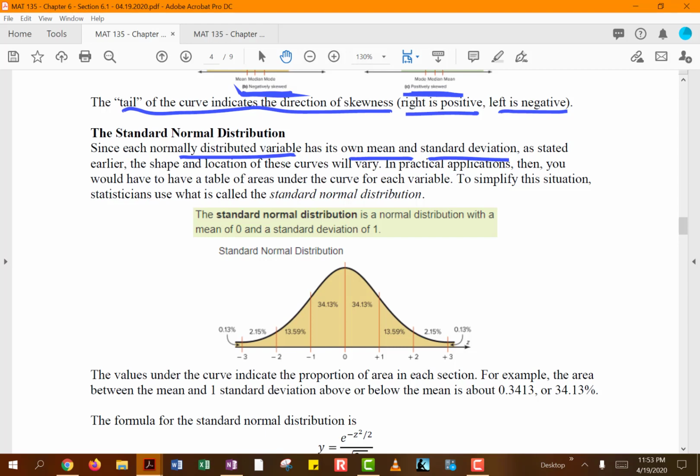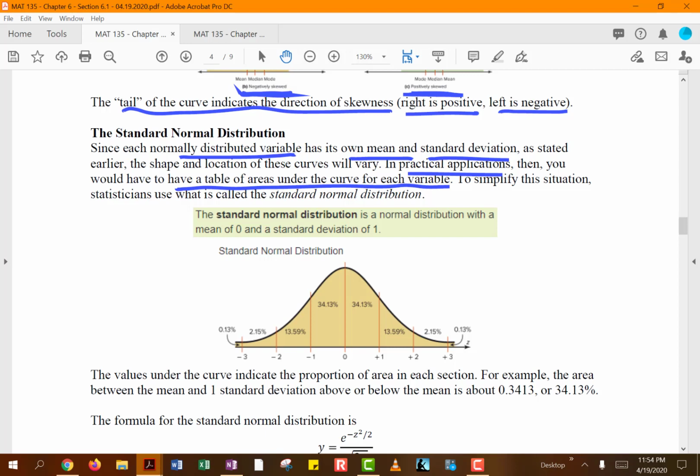If we wanted to try and standardize that so that we could apply it to many different applications, they are saying in practical applications, you want to have a table of areas under the curve for each variable. So what that means is if we could use a standard normal distribution, then we could take all variables which are normally distributed, convert it to the standard normal distribution, and then we could apply this table of areas for our curve, and we wouldn't have to recreate it for each variable.